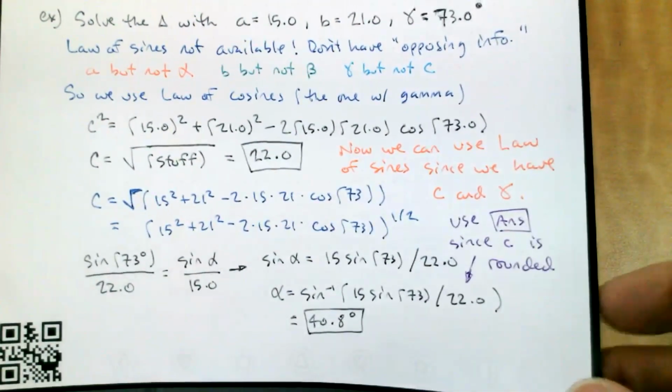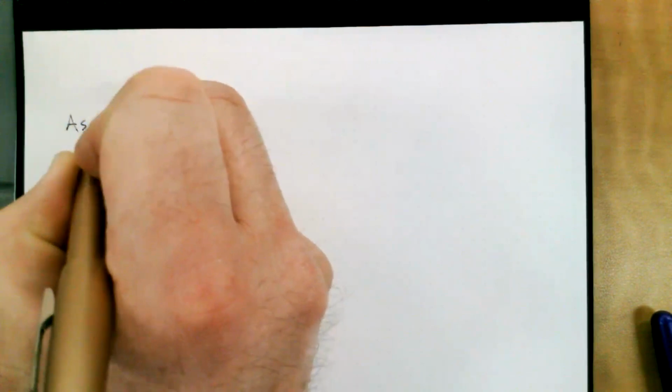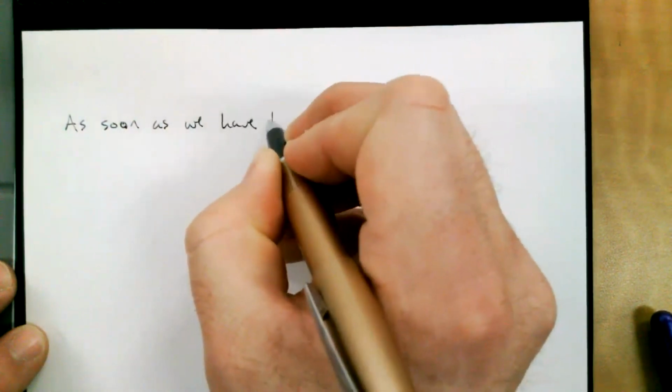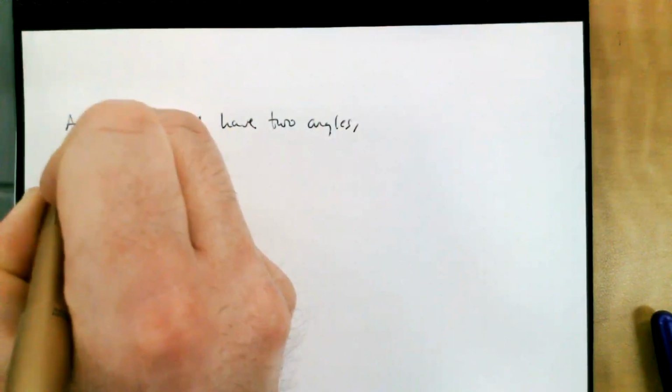We could use this law of sines to find our last angle, but as soon as we have two angles, subtract to find the third.